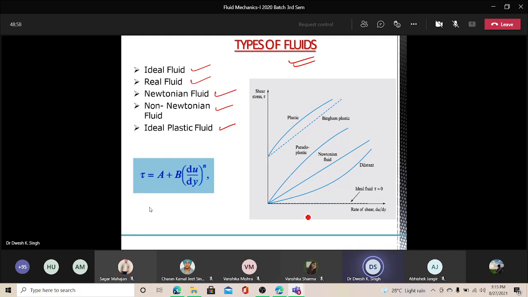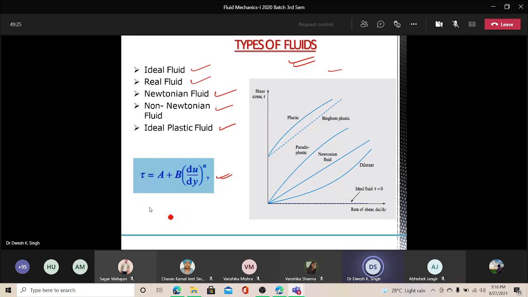Okay, here in the graph, we will take this graph. I will show another graph also. This graph has some lines, the curves you can see. All the different curves show the different behavior of those fluids, and these curves are based on relations.